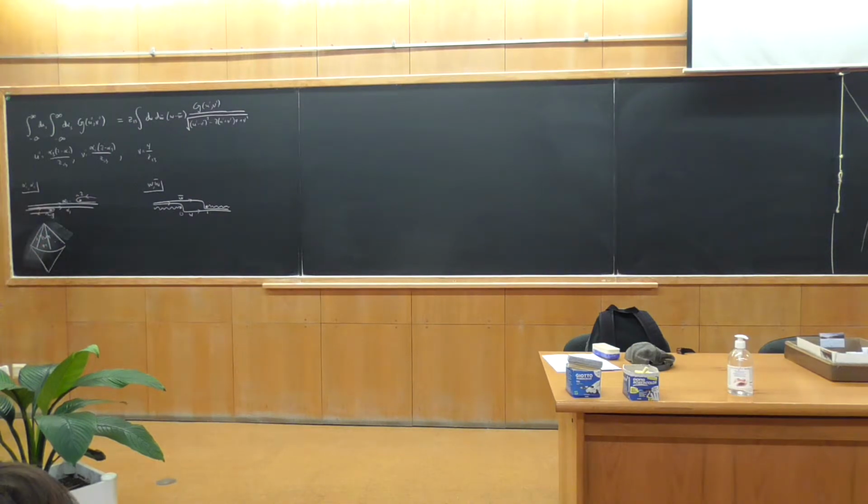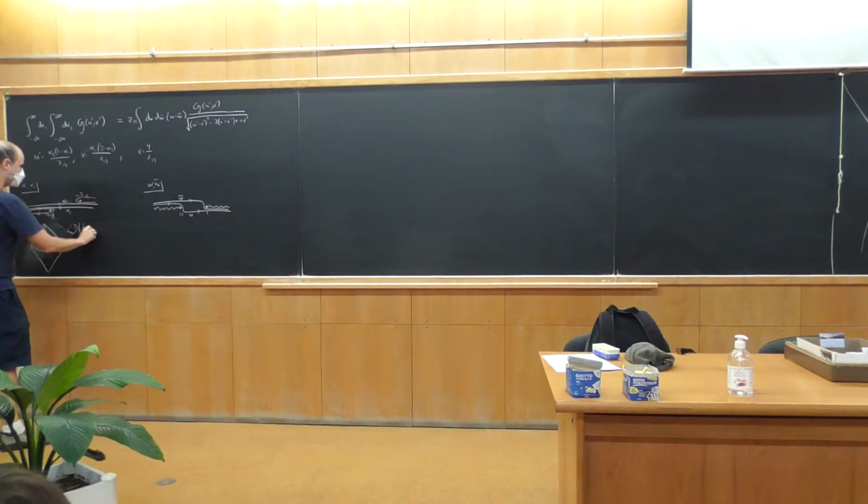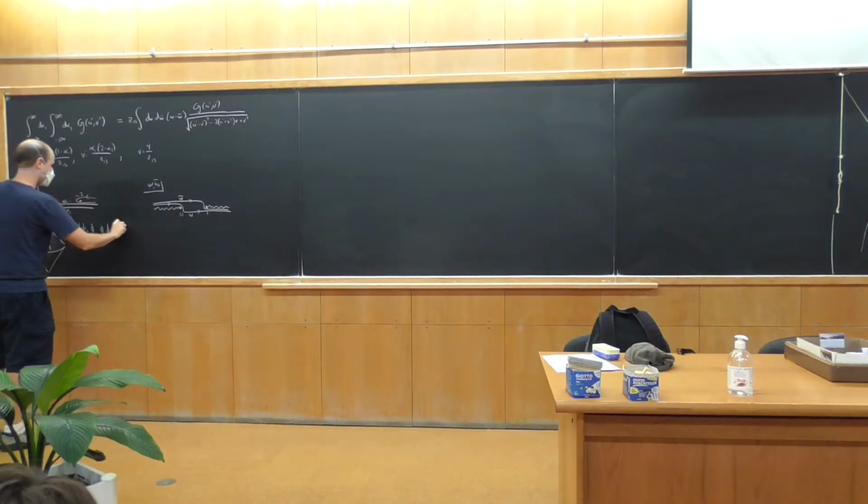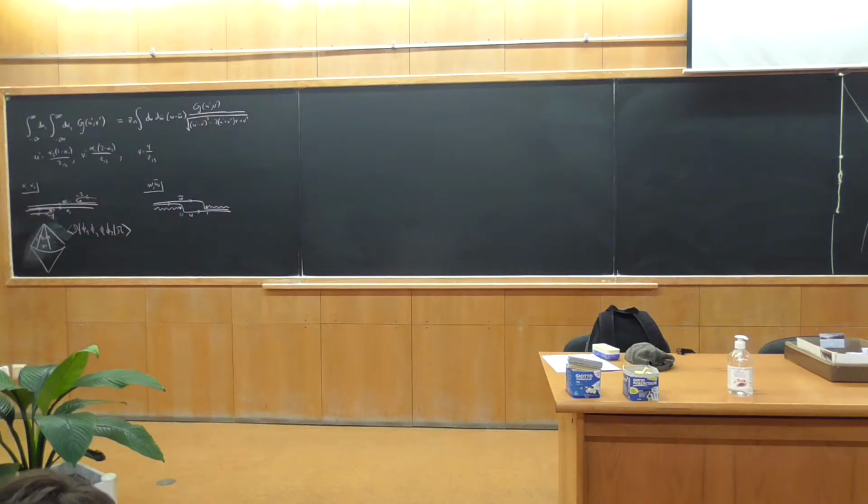And for the ordering that we're studying, which I probably should write here, so it's phi 4, phi 3, phi 1, phi 2. For this ordering, the correct i epsilon prescription is shown here.